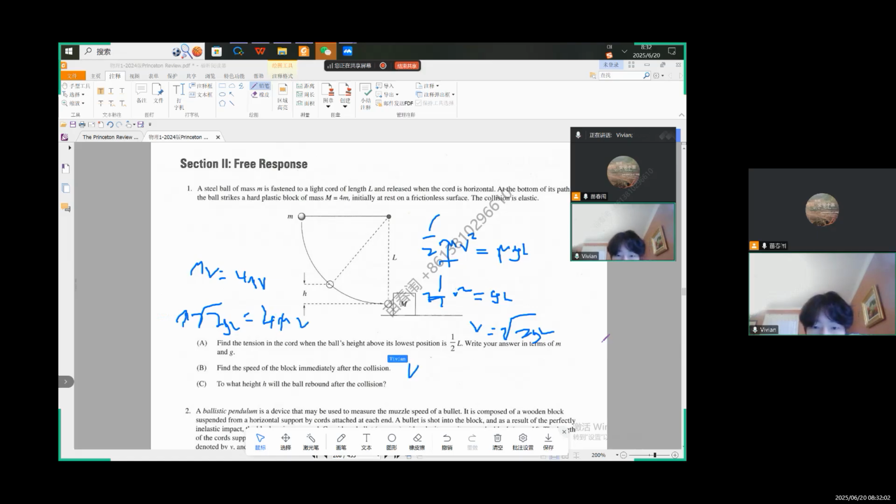So v equals 2gl over 4, right? So this is the velocity at that moment before the collision, right? Yeah.